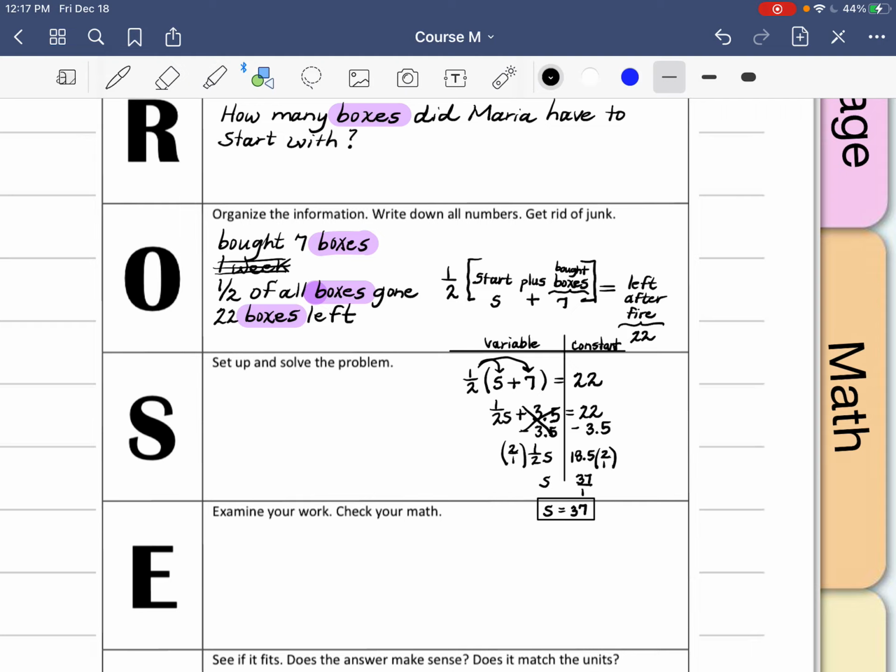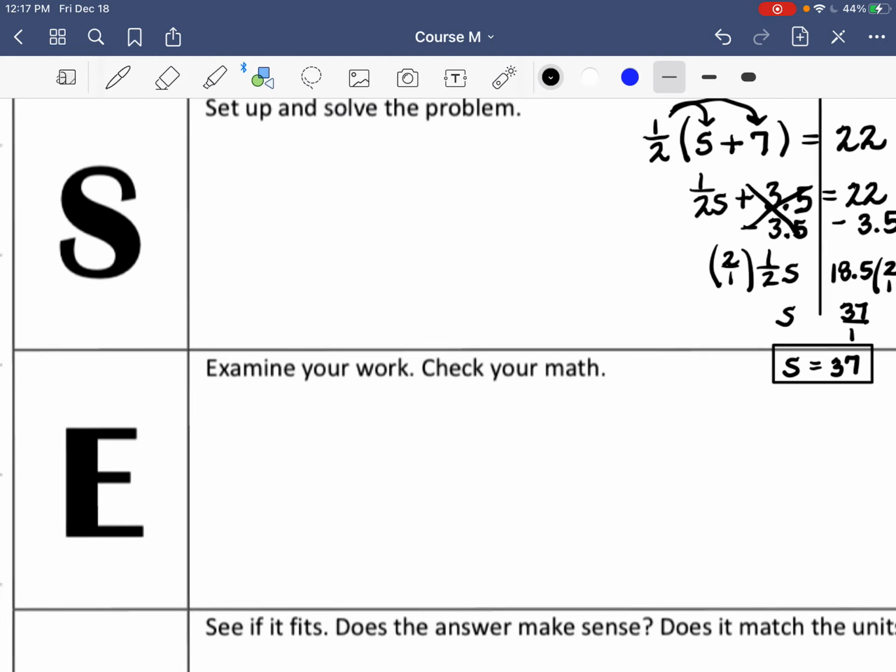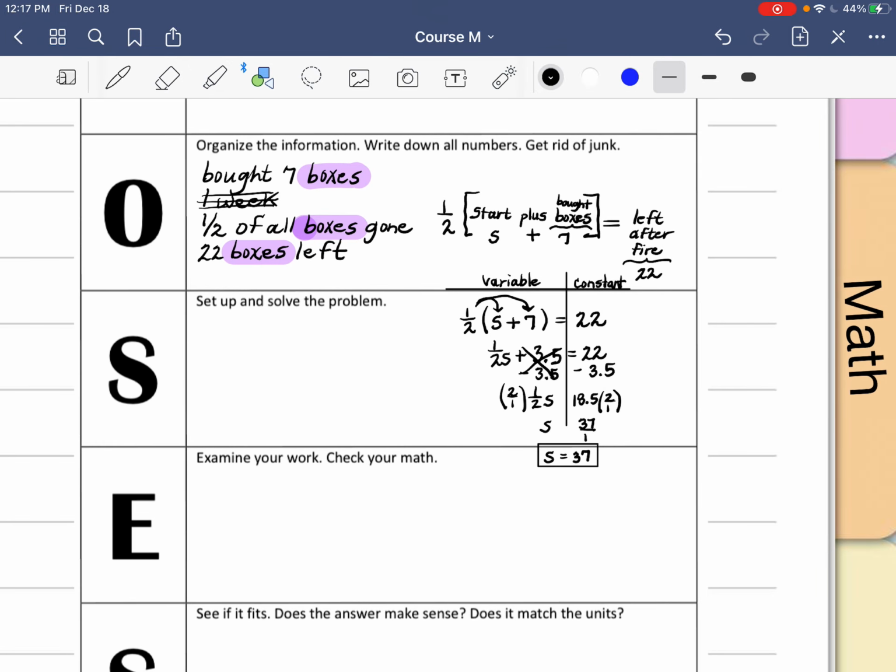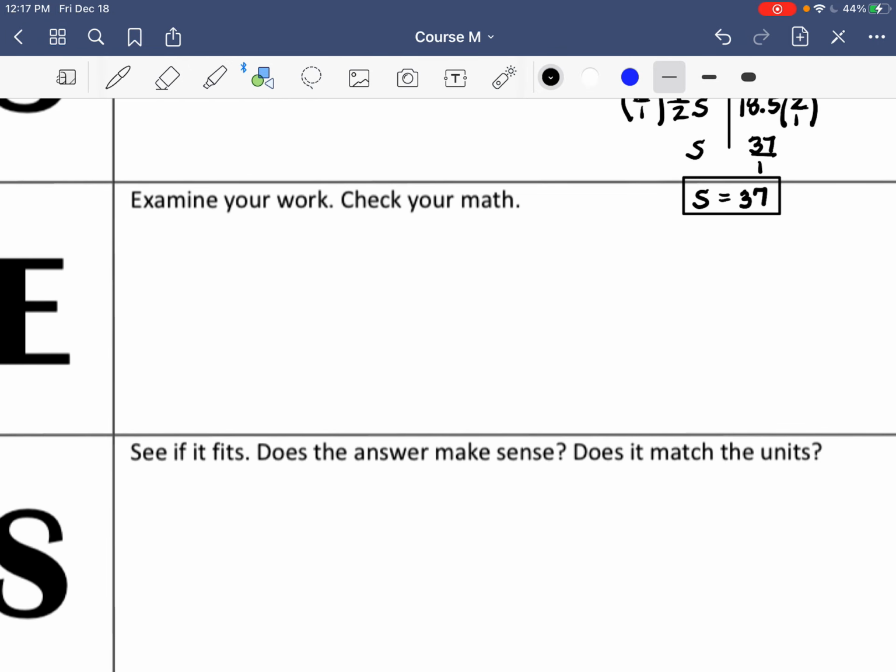So let's check our work. Let's see if it fits. So let's take the number of boxes that we believe she started with. That was 37. And she added 7. That's what she bought. So that gives me 44. So she had 44 boxes.